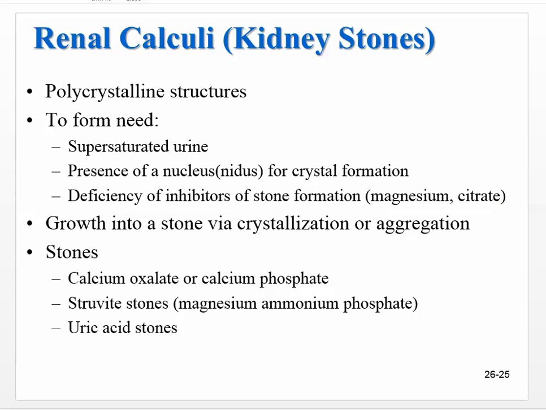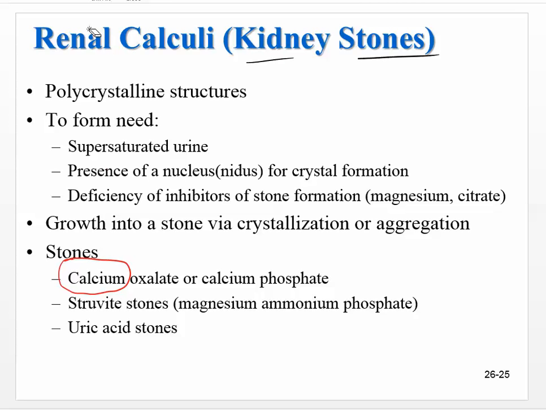Okay, so stones, kidney stones. They're renal calculi. So calculi, I think, comes from calcium. Okay, because when they were first discovered, they looked like calcium crystals, and a lot of them are made from molecules that contain calcium.